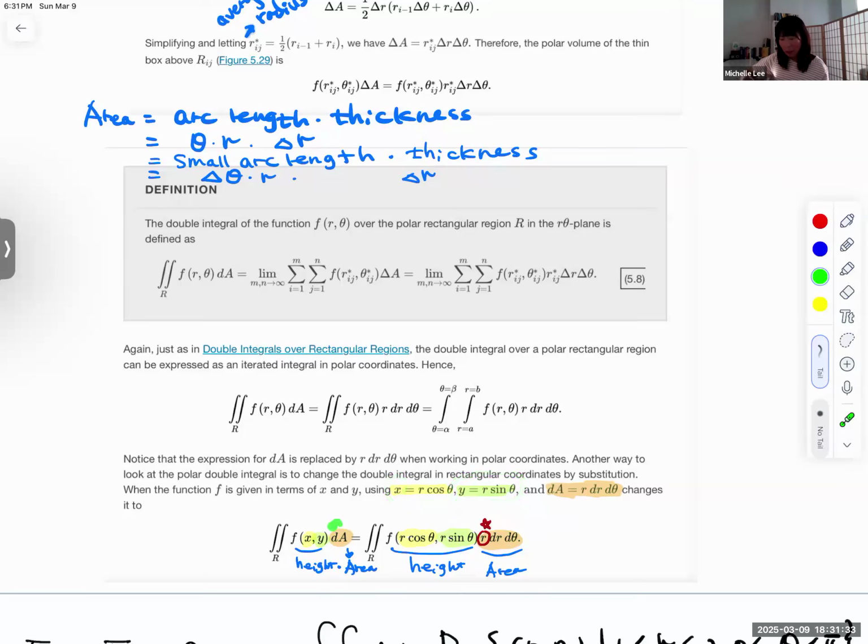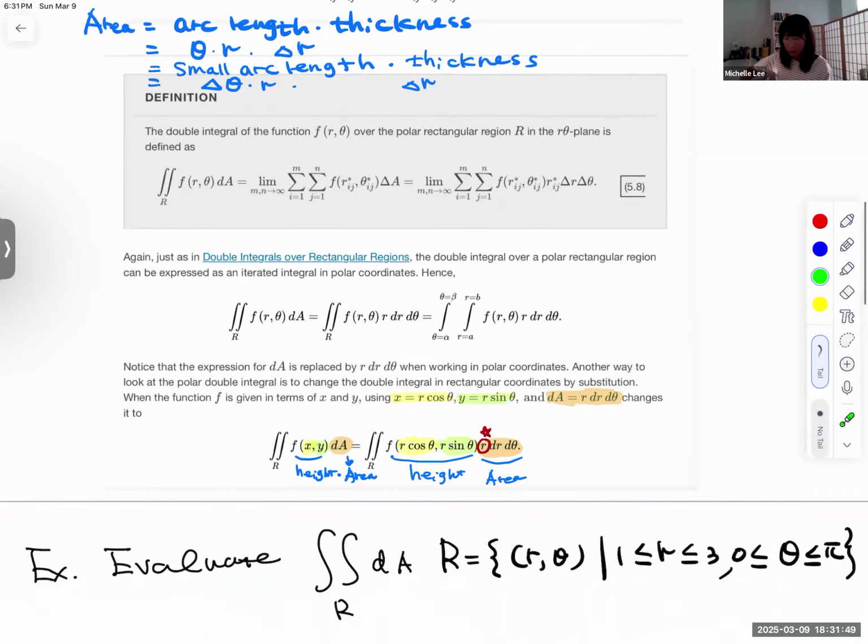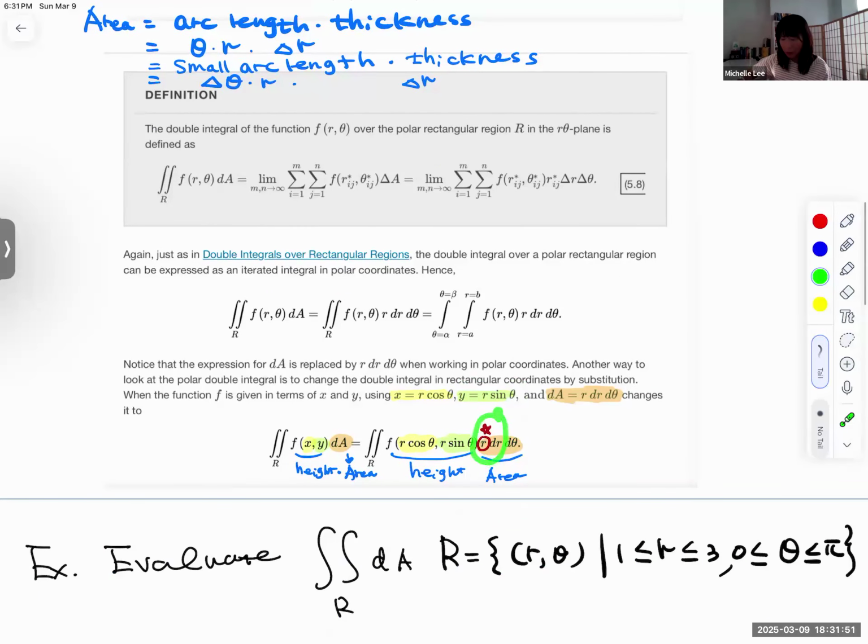Okay, now area dA, we can use the extra r and dr d theta. That's the area. Make sense? In polar coordinates. Okay, so if we are using r, it should be the limit from A to B. And if we are using theta, then theta must be from, not R, alpha to beta, right?